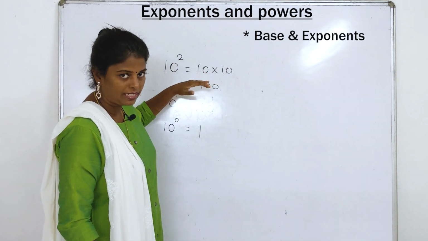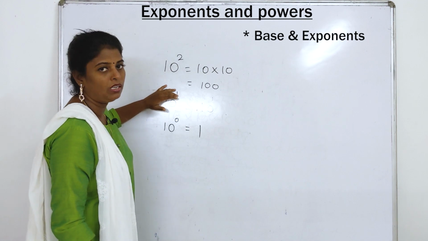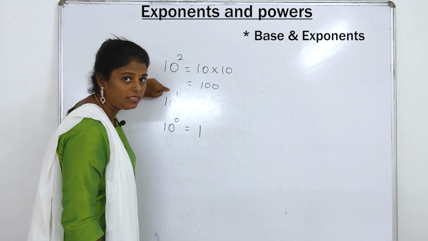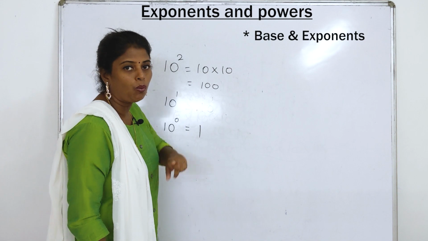So 10 into 10 is 100. Next, 10 power 1. So we have the power as 1, and we are multiplying the 10 by only 1 time.